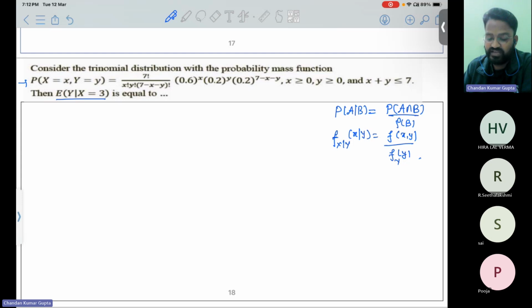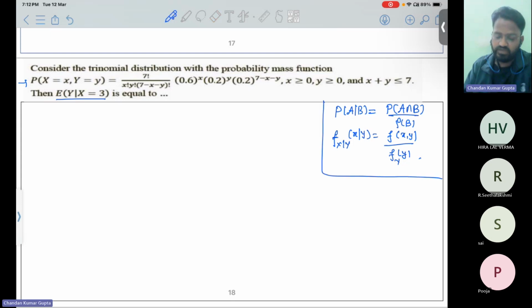So first, let's check the values of P1, P2, the probability of success under different conditions. Let me first write the multinomial distribution.